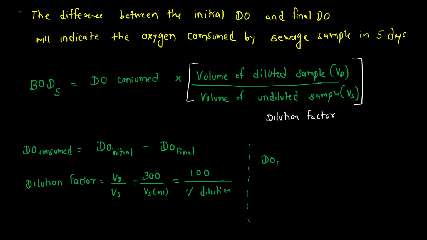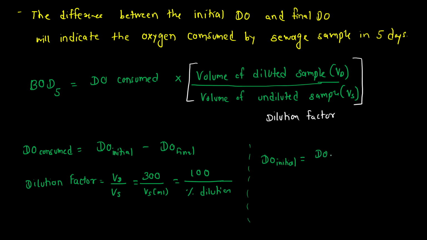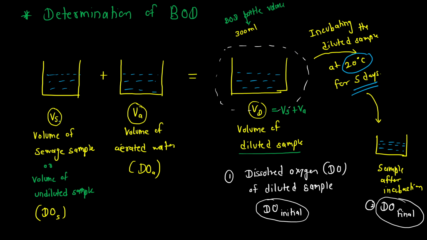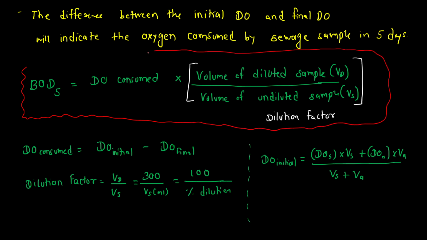DO initial is calculated as DO of sample into volume of sample plus DO of aerated water into volume of aerated water, divided by the total volume, that is Vs plus Va. So with this formula you can find out the DO initial, then DO final you will get after the experiment, then this is the formula for dilution factor, and once you get all this you can use it and find out the value of the BOD after 5 days. So this is how you will calculate the value of BOD.